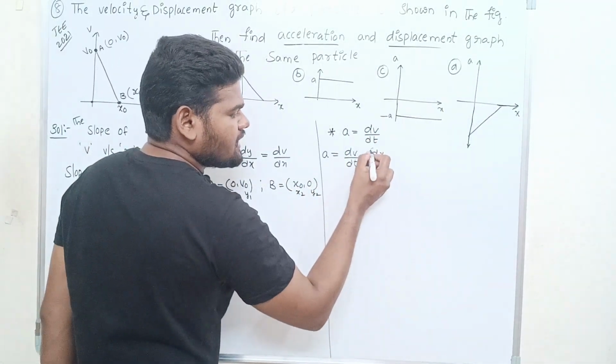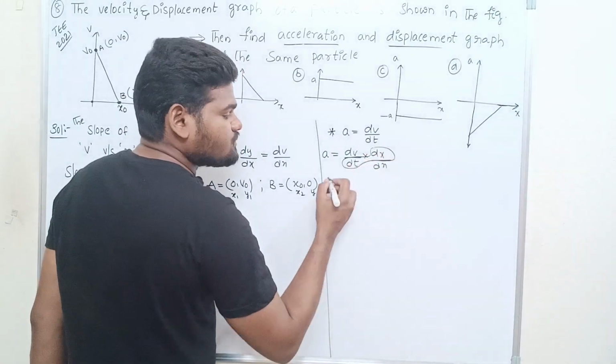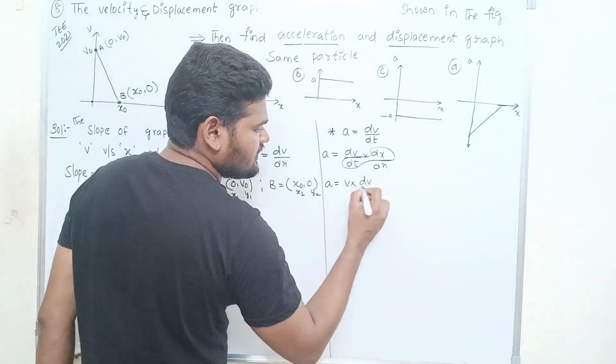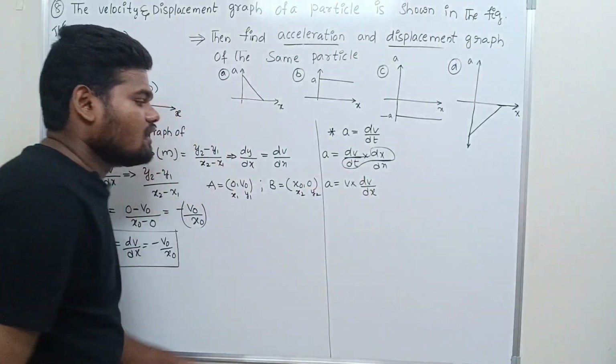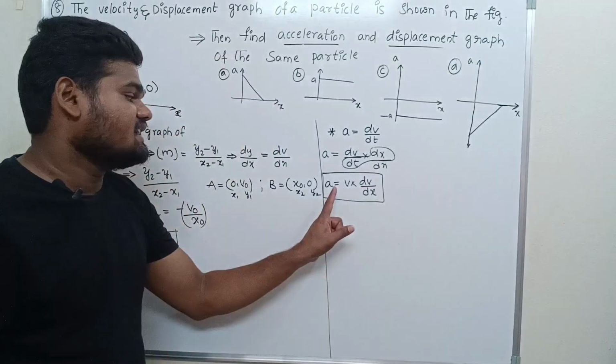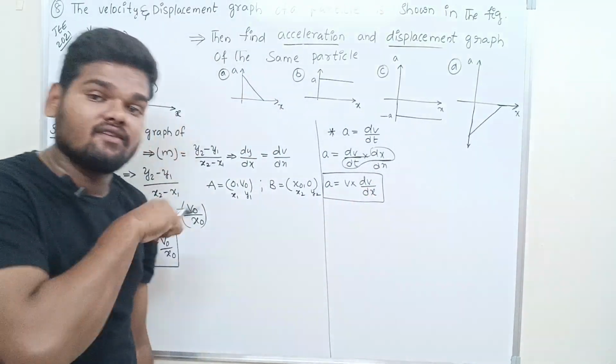So dx by dt. What is dx by dt? The rate of change of displacement is called velocity. So a equals v into dv by dx. Now this formula gives the relation between acceleration and velocity.